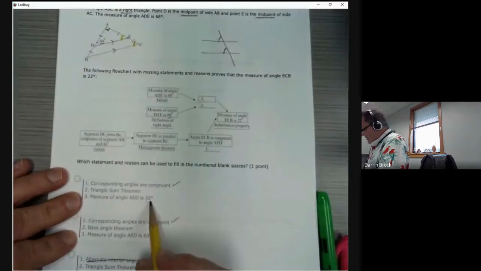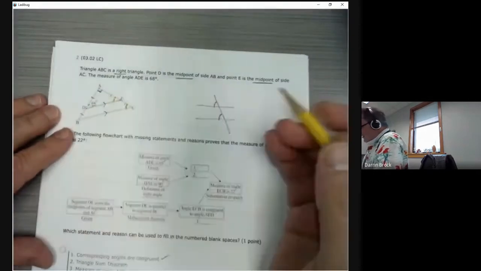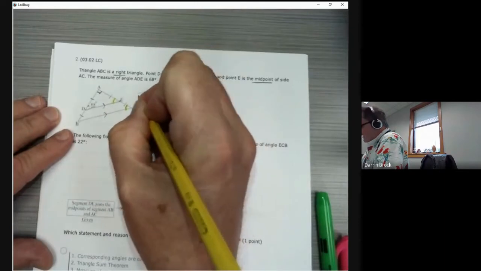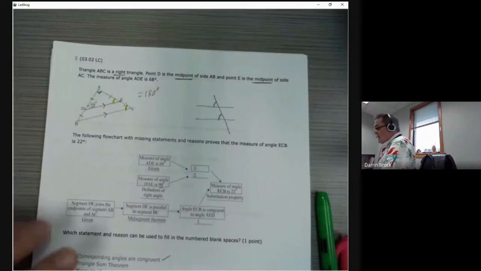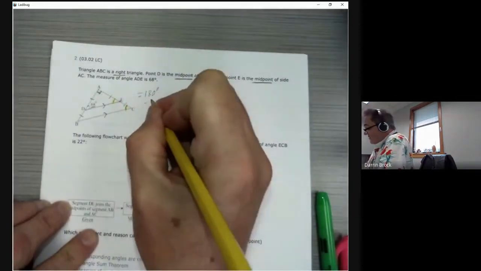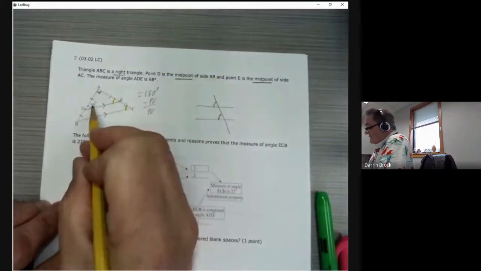So it's either 22 degrees or it's 68 degrees. Well, what is it? A triangle adds up to 180 degrees. Every triangle adds up to 180 degrees, the 3 angles. We have a 90-degree angle right there, so there's half of our 180. So we already have a 90-degree angle, so we have 90 left. This is 68.